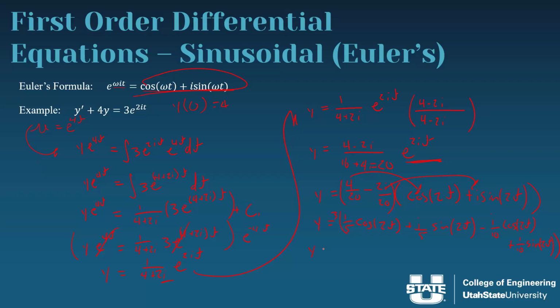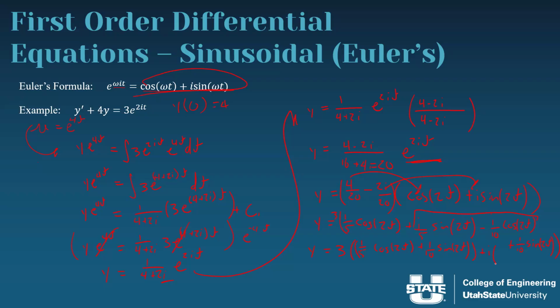And then you can simplify this and get your terms. So I'm going to keep my 3, and then I'm going to combine my i terms and my not imaginary terms. So I'd have 1/5 cosine 2t plus 1/10 sine 2t, and then plus my i.